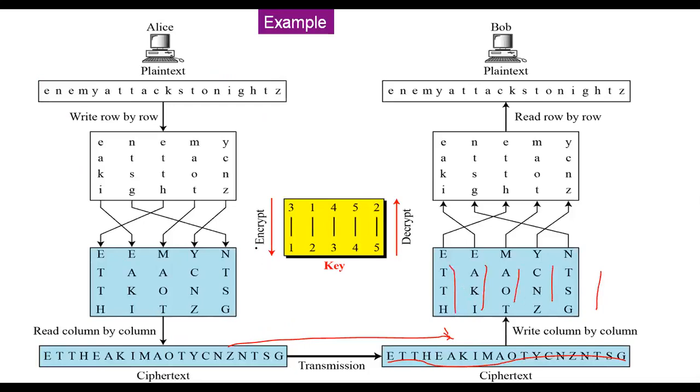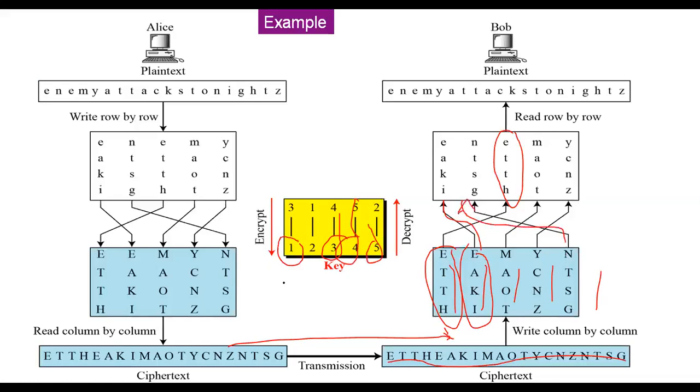Then using this key, this first column goes to the third column in the plain text. Then this second column goes to the first column as per this key. Third column is the fourth column. Fourth column is the fifth column. And fifth column is the second column.